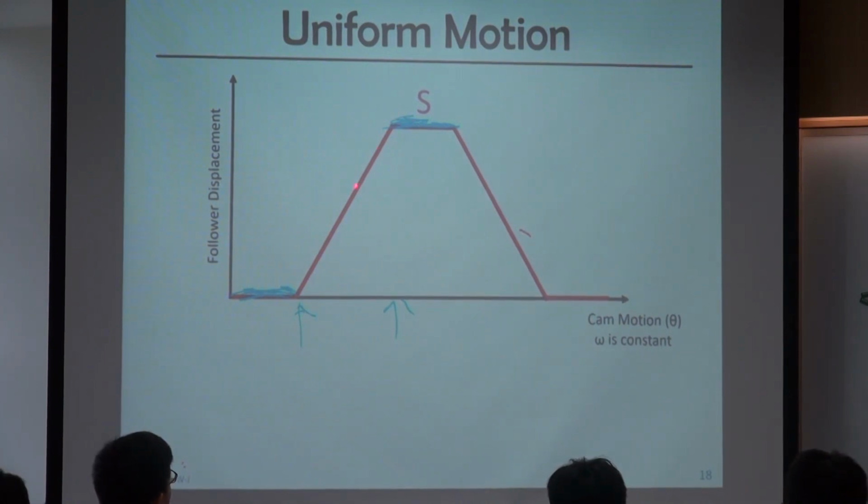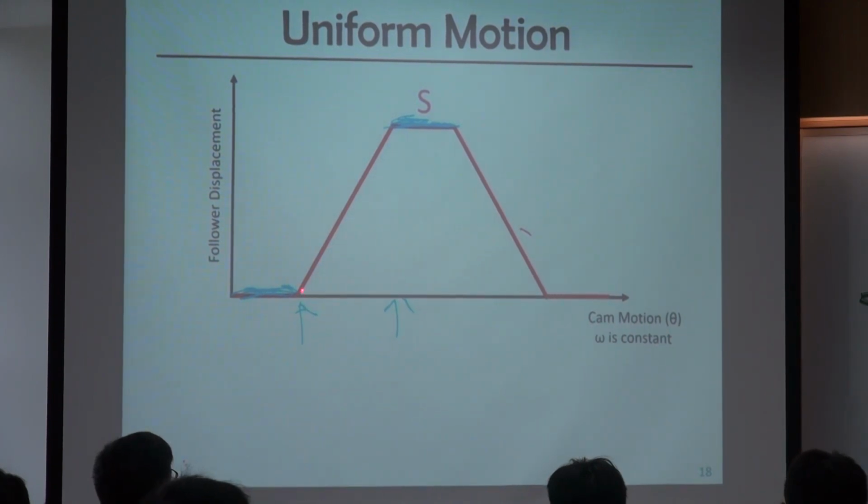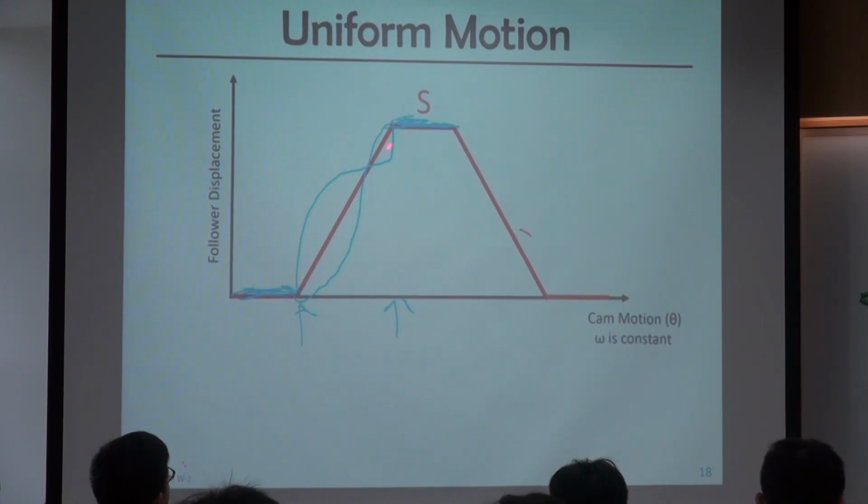Our requirement is to rise from this point to this point within this period. So there are several options. You can use any different type of curve to achieve this. And last time we used a straight line to connect these 2 dots.